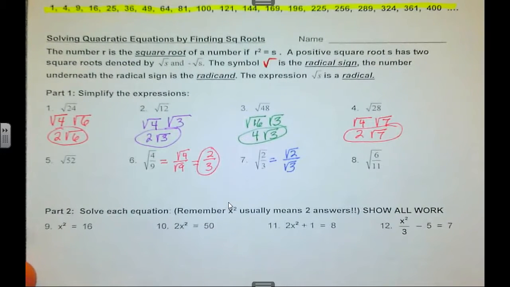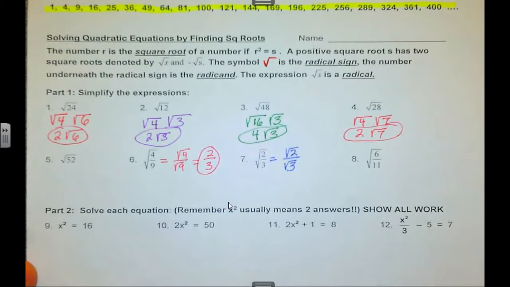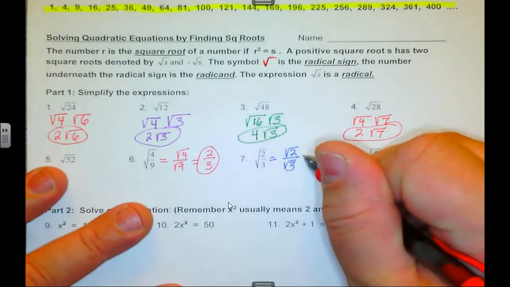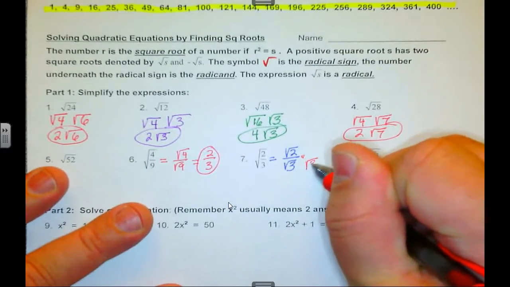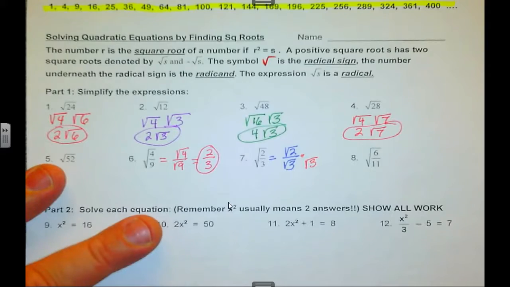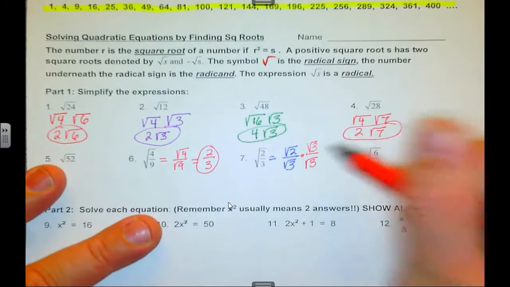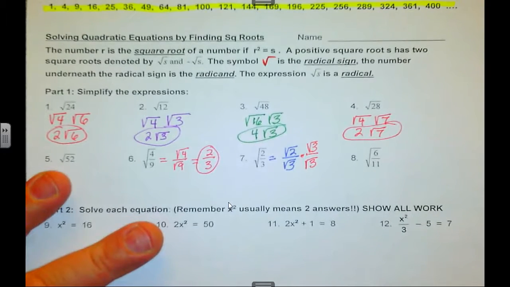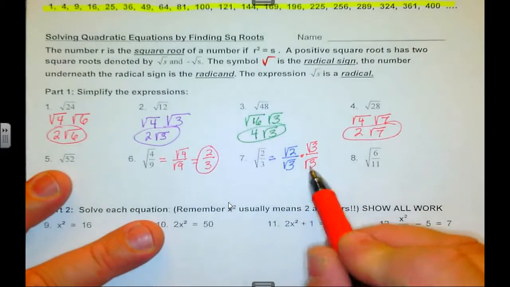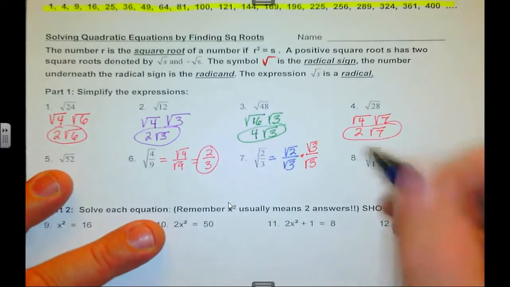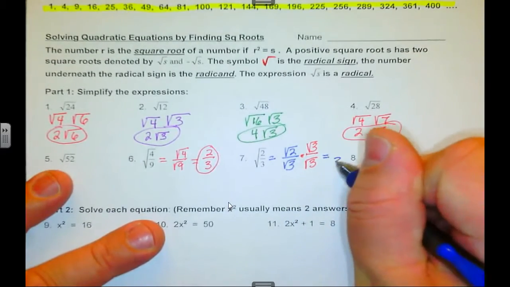How do I get rid of a radical? That's right, multiply it by itself. If I multiply the denominator by radical 3, I have to multiply the numerator by radical 3 because we are not changing the value of our fraction. Radical 3 times radical 3 is 3.